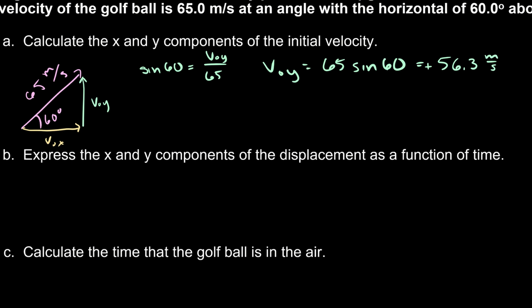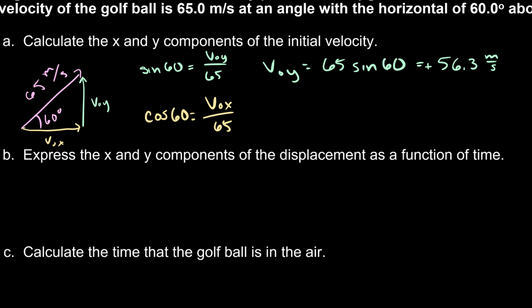Okay, and if we were to look at our v naught x here, our v naught x is adjacent to the angle. So we know the cosine of 60 degrees equals v naught x divided by 65.